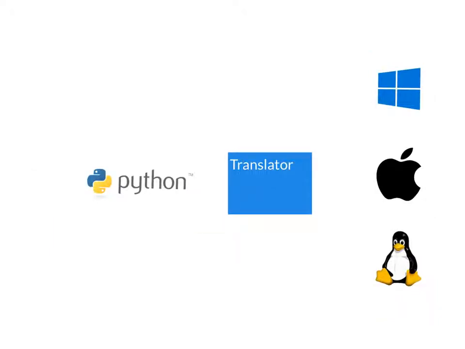Now, a language like Python works by using a translator. So, take the Python code, and every program that runs Python has a translator program on it. And the code you write goes through a translator and is then able to work on a Mac, or on Linux, or on Windows.